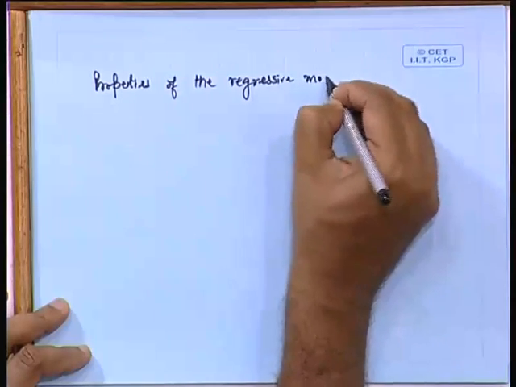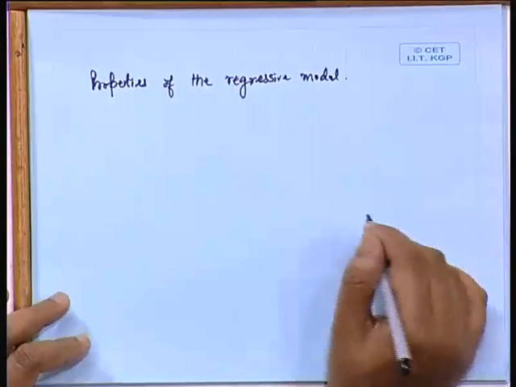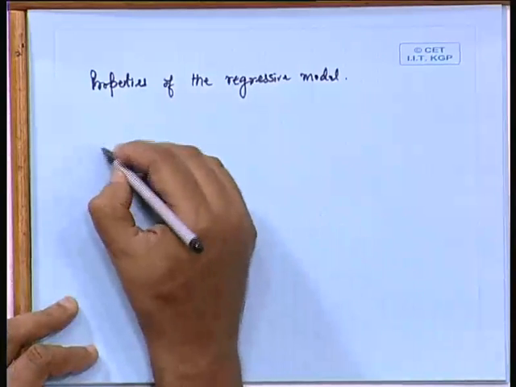The first property is that the mean expectational error given any realization of x vector is 0.